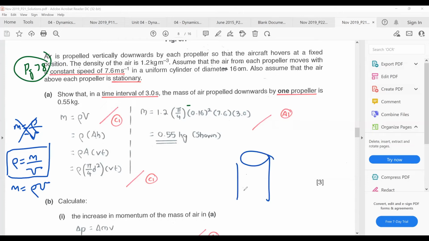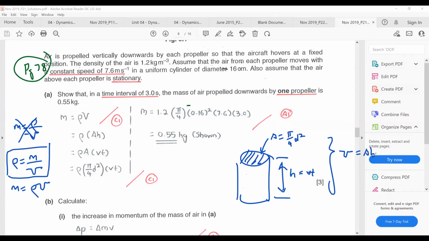So in conclusion, the area is pi over 4 d squared, the height is Vt, and together the volume is area times height. Okay, so then you get the answer as this. You should get the answer as 0.55 kg. Now after that, they will ask you, calculate the increase in momentum of the mass of air in A. The increase in momentum of the air.